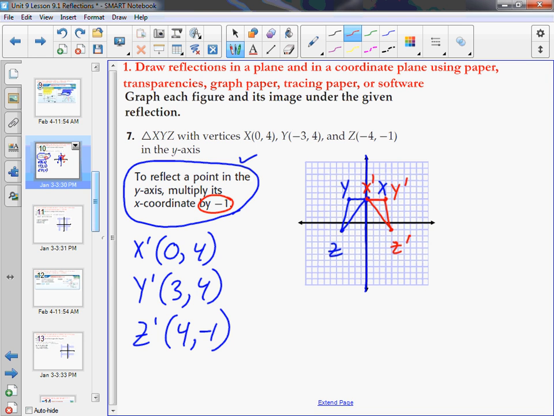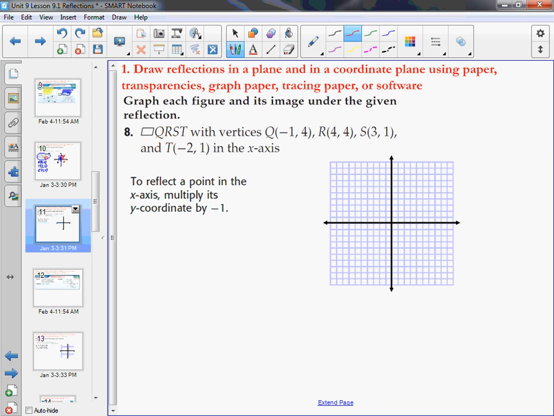We ready for number 8? On number 8, now we're going to reflect in the x-axis. Since the x-axis is horizontal, reflecting in the x-axis reflects up and down. So it's the y-coordinates that are going to change. The x-coordinates are staying the same.